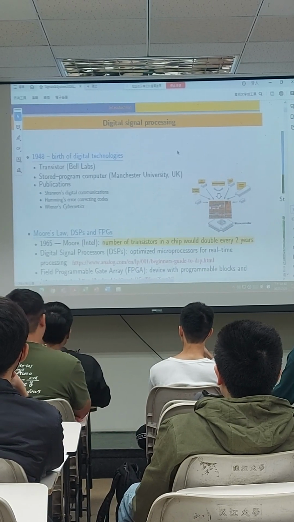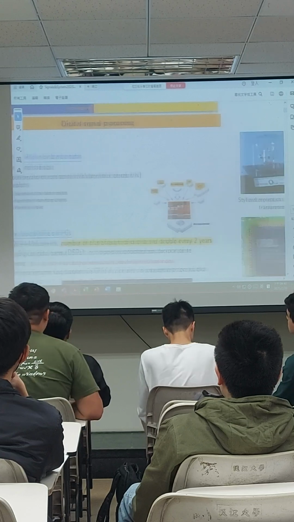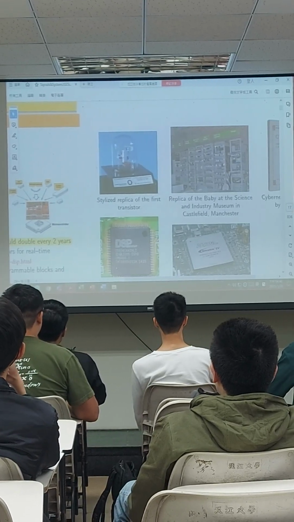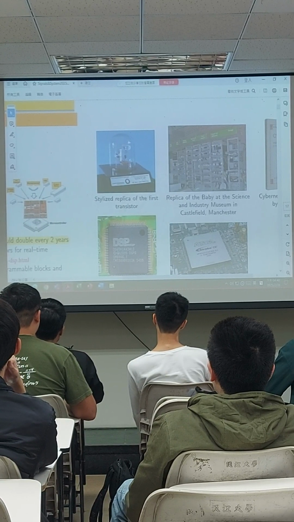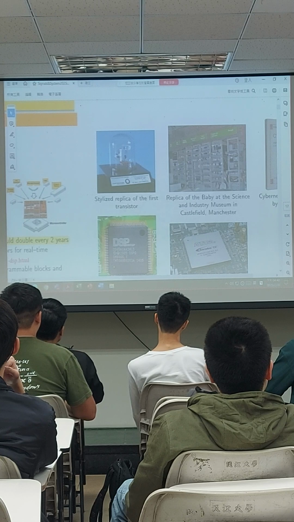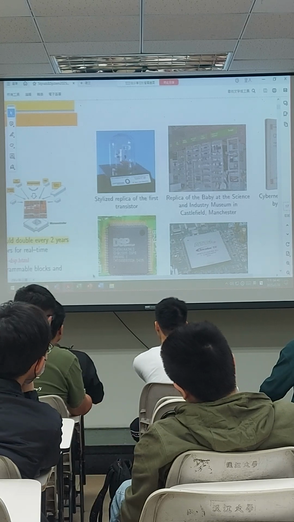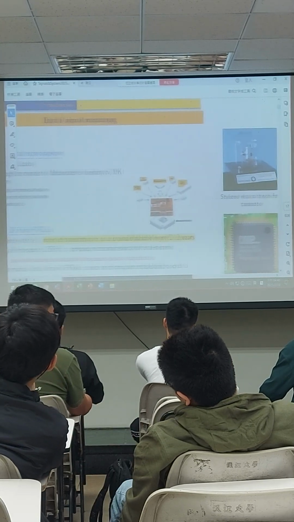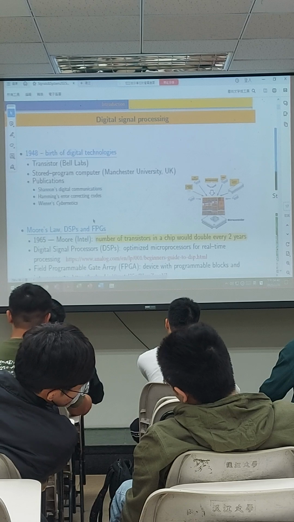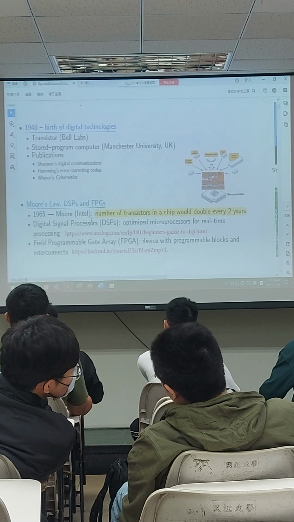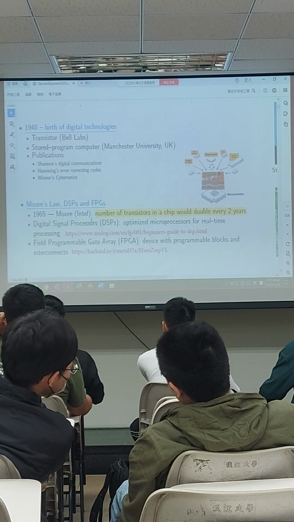This is the replica, the duplicate of the first transistor that was ever invented. The first transistor.